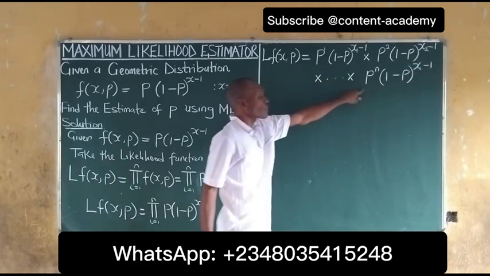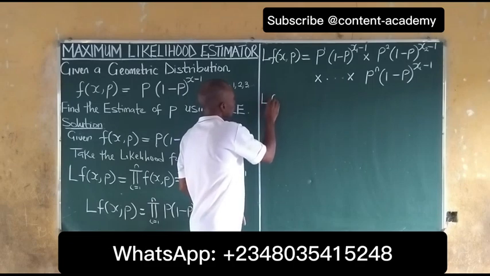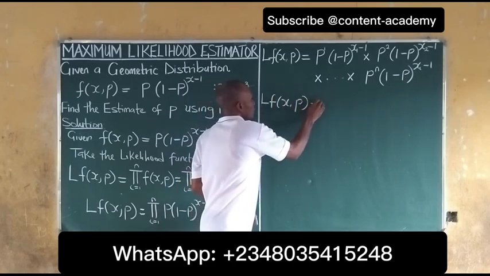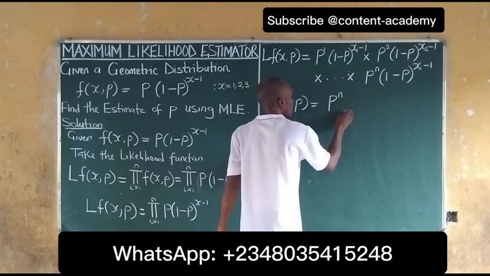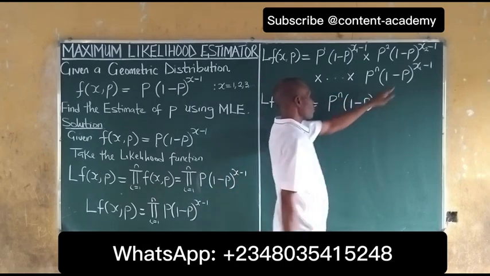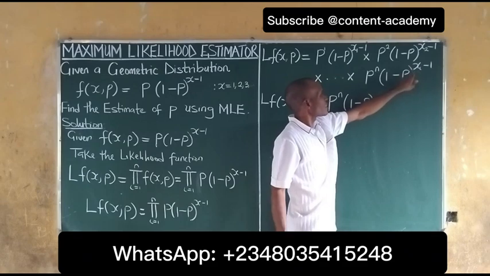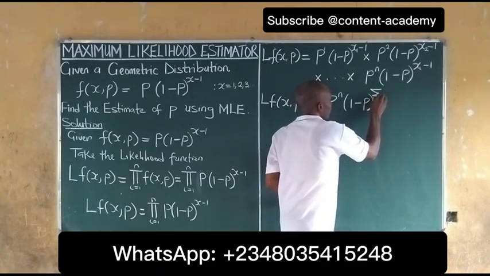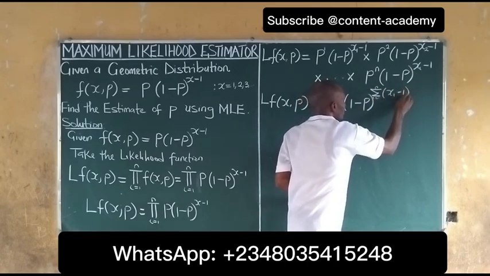It then means that we can write our likelihood function as p raised to the power of n times (1 minus p) raised to the power of the sum over i from 1 to n of xi minus 1.